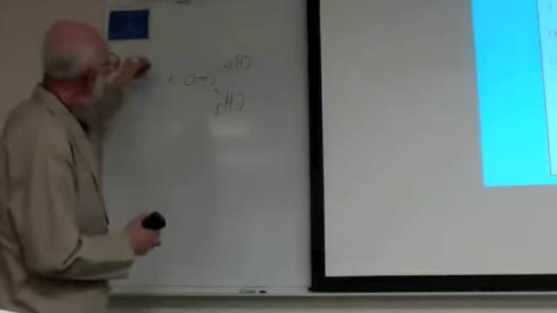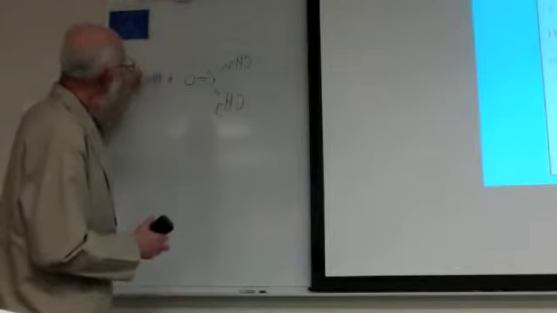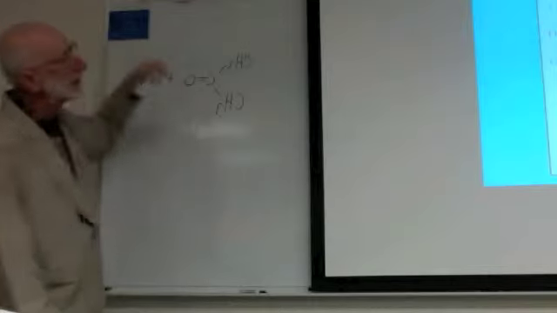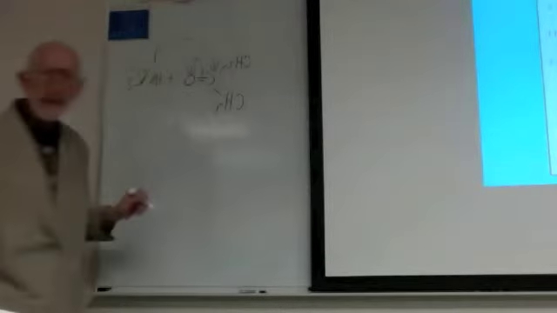So what happens now? Let's go through the mechanism here. All right. Here is NH. Here are 2 carbon groups. You can see that this thing attacked that, did that.